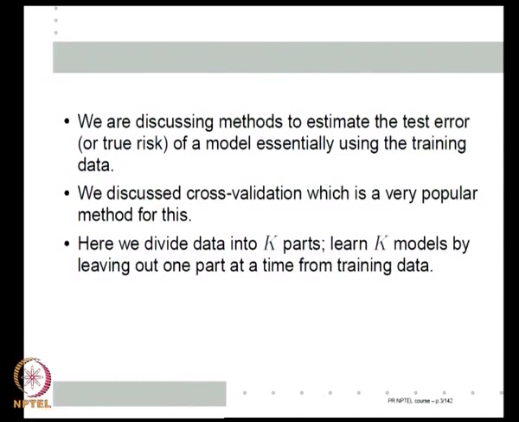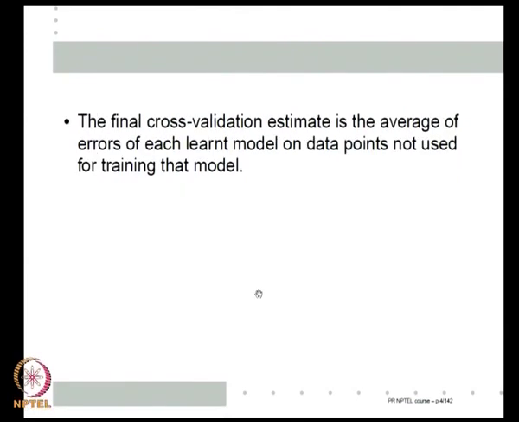So, essentially we divide the data into k parts, then learn k models by each time leaving out one part from the training data, which is what is used for testing. Okay. So, the final cross validation error estimate for test error would be the average of errors of each learnt model on data points not used in the training of that model.